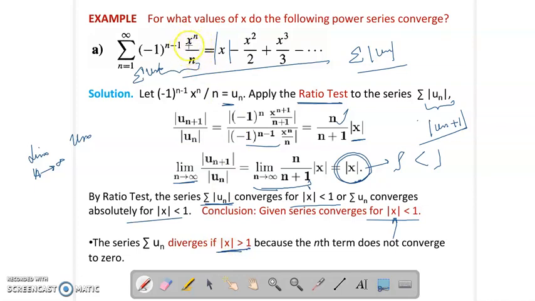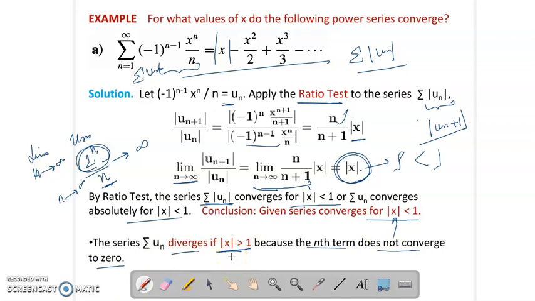So you have 2 to the power n upon n, right? Then as you take n tending to infinity, the numerator will grow much faster than the denominator, and this will tend to infinity. So we can say that because the nth term does not converge to 0, the series diverges, and this happens for all mod of x greater than 1.